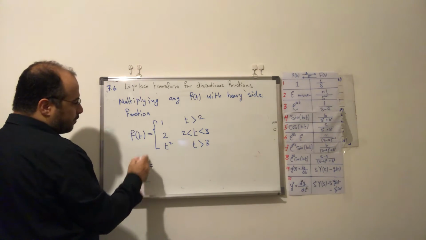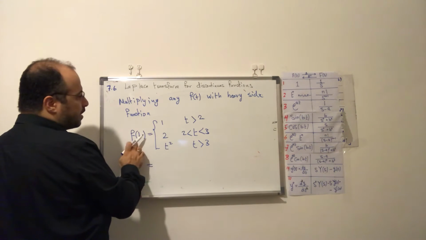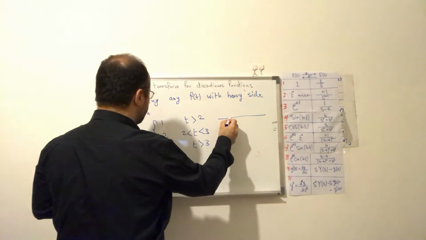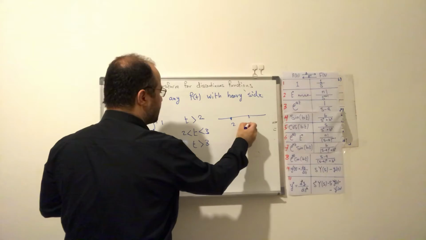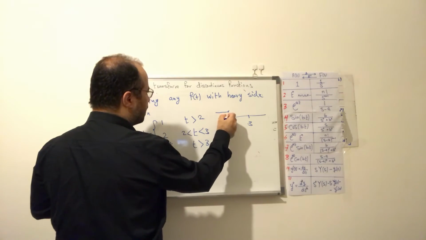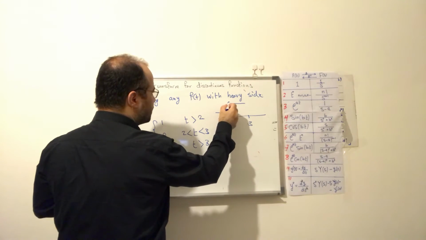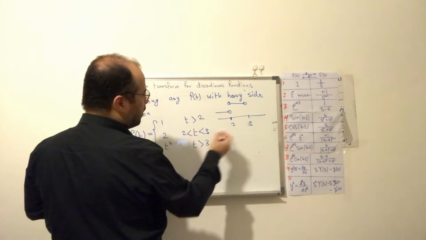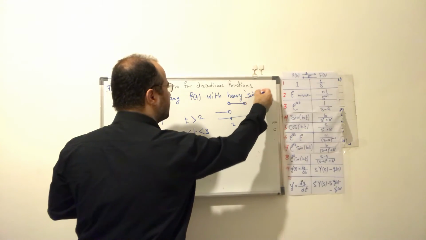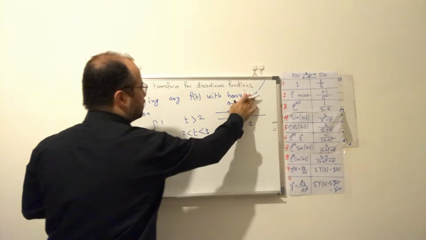Let me show you what is going on. Here is the 2, here is the 3. When you graph this function, you get 1 unit here, and 2 units here. And then later you have t squared, maybe like this, up to here.